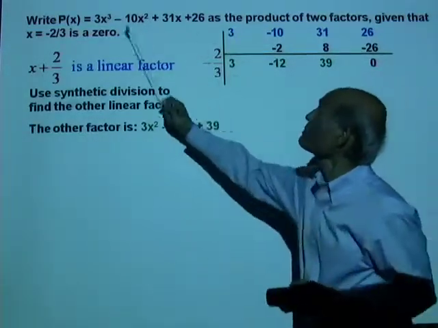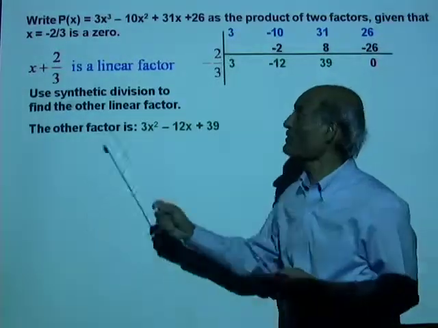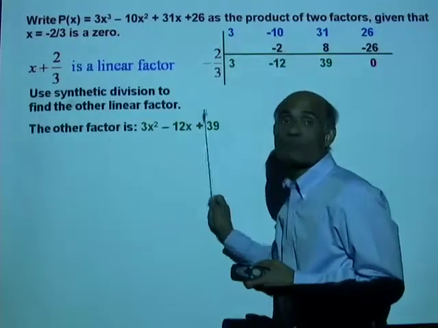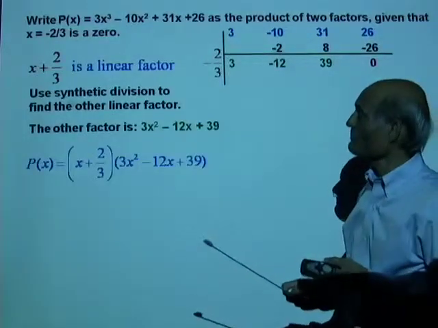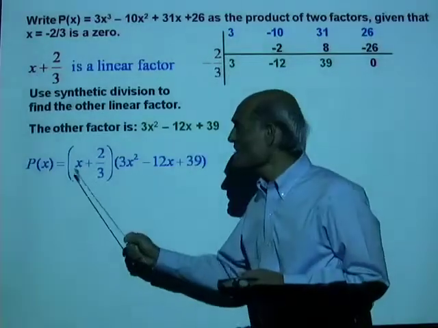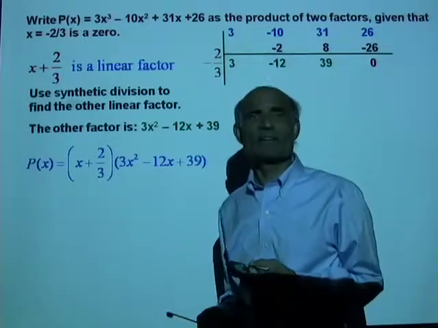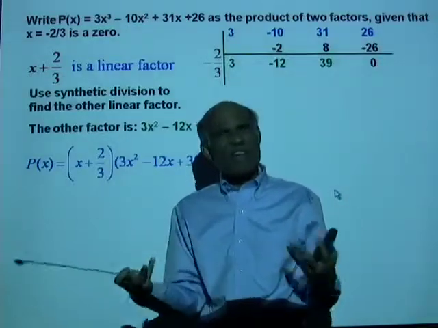And therefore, how do you write this polynomial as the product of two factors? It will be x plus 2/3 times 3x squared minus 12x plus 39. But you see, writing a polynomial like this is a very awkward thing. We need to simplify it and write it in a more civilized way.